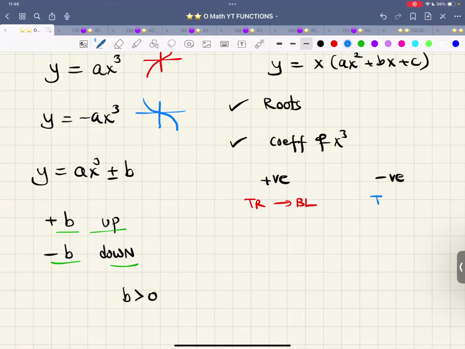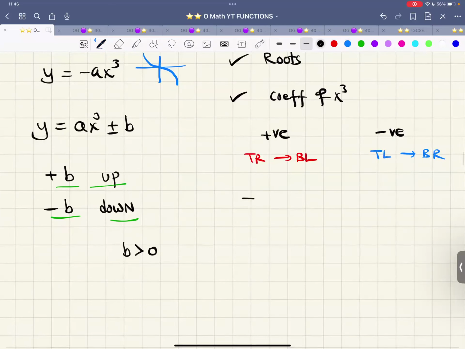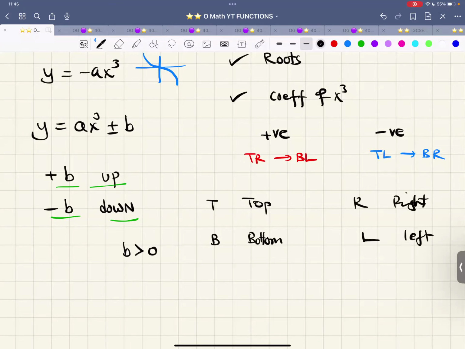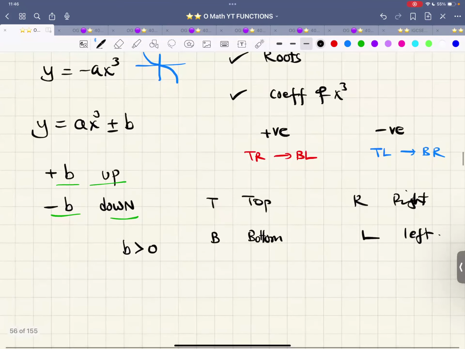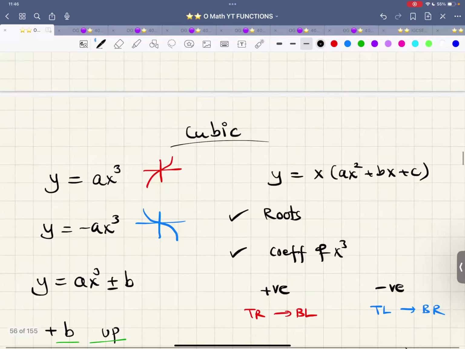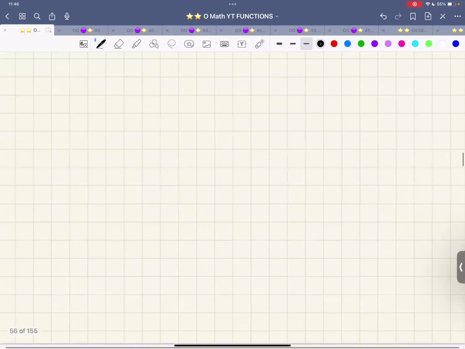If it's negative, top left till bottom right, or vice versa. So TR: T for top, B for bottom, R for right, and L for left. Because afterwards, someone would be commenting, sir, what's the meaning of all this? So I'm just writing it over here. So that is how it's to be done.